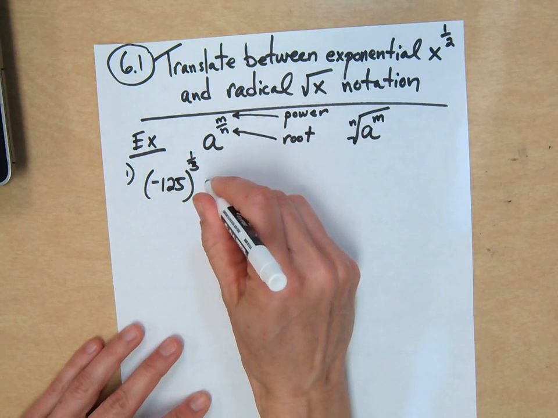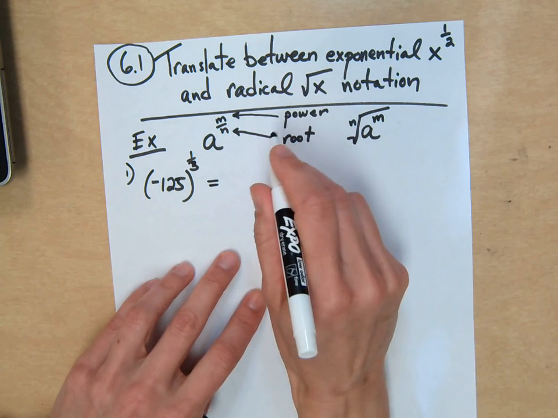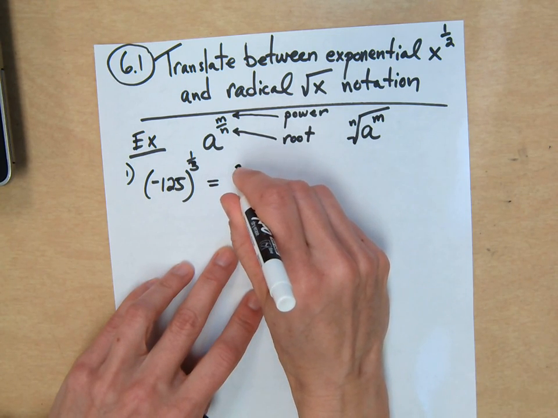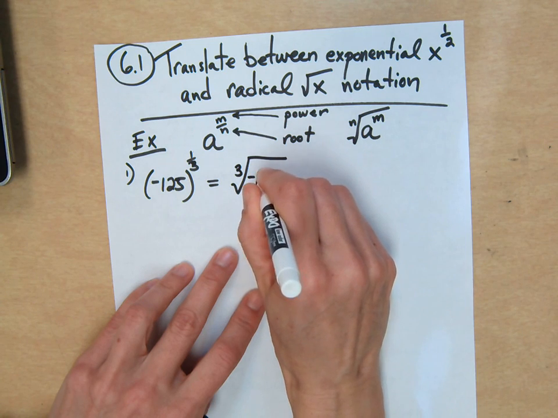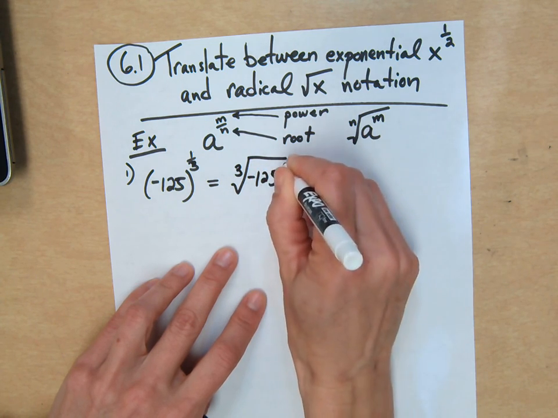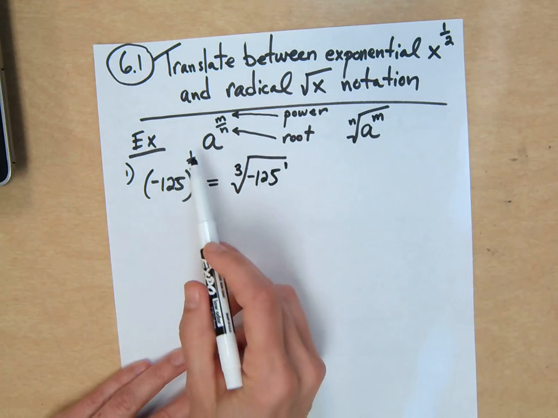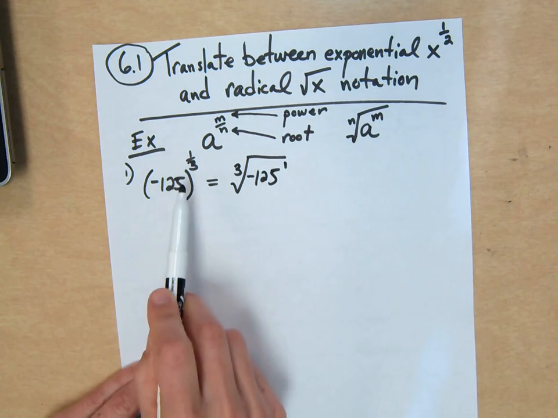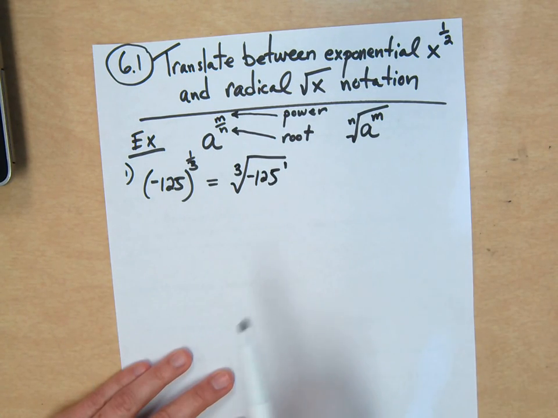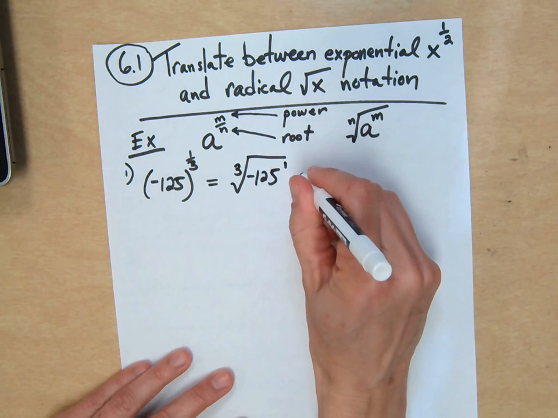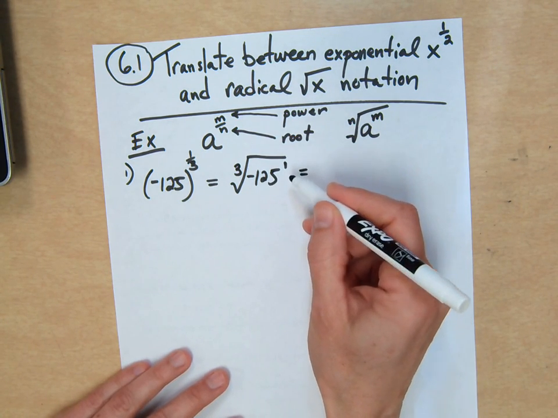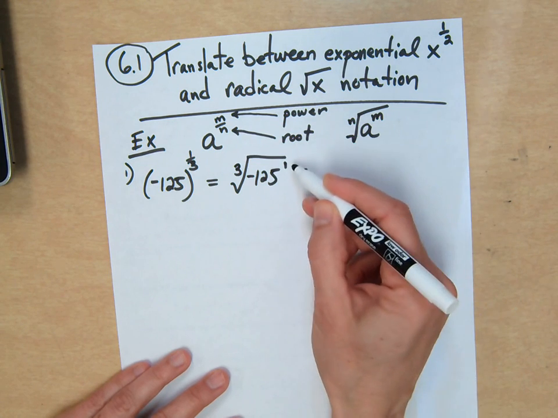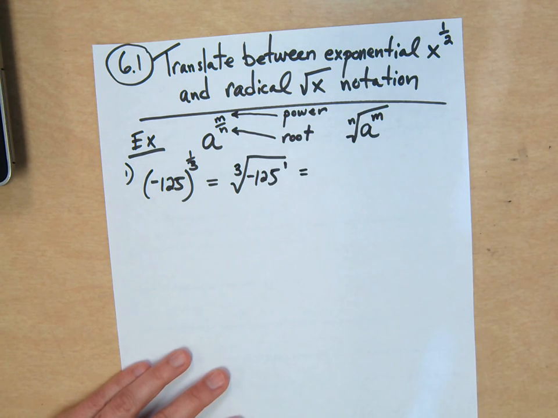So what we would do is translate that to the cube root of negative 125 raised to the 1 power, because the numerator is the power and the denominator is the root. And now we can do this problem. Negative 125 to the 1 power is the same thing, we don't even need that little 1 there. What is the cube root of negative 125?